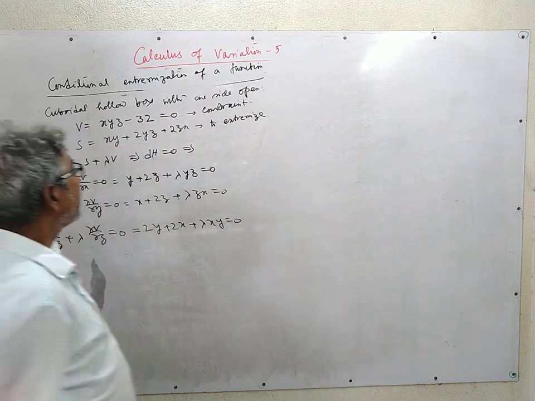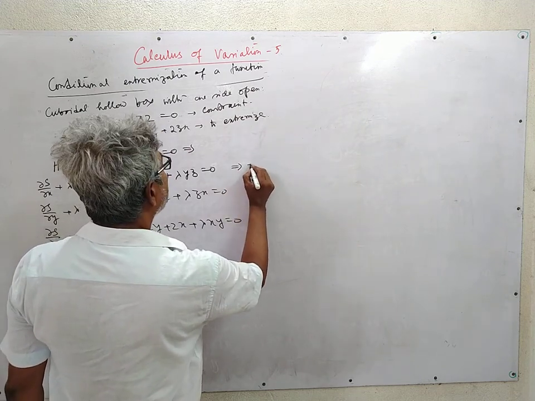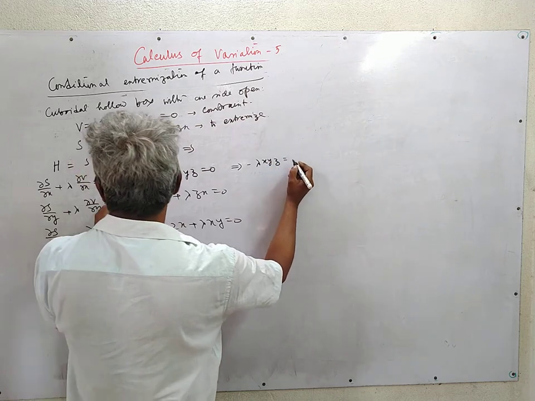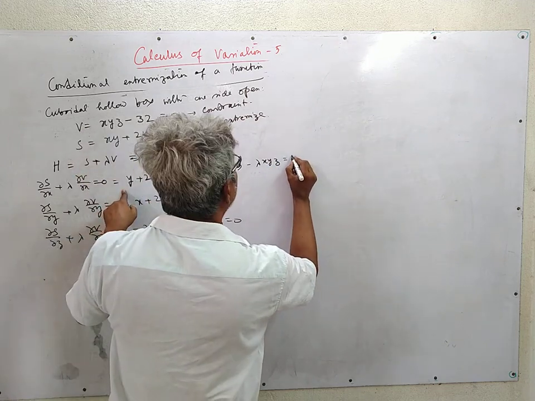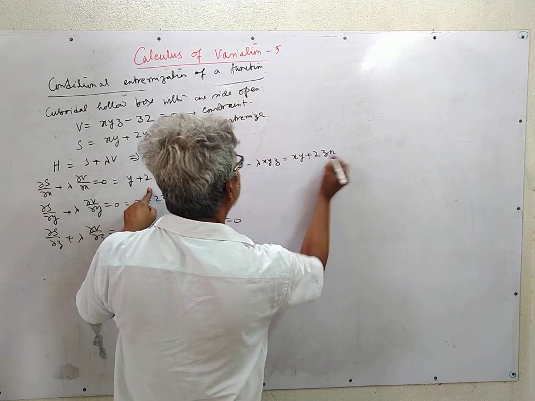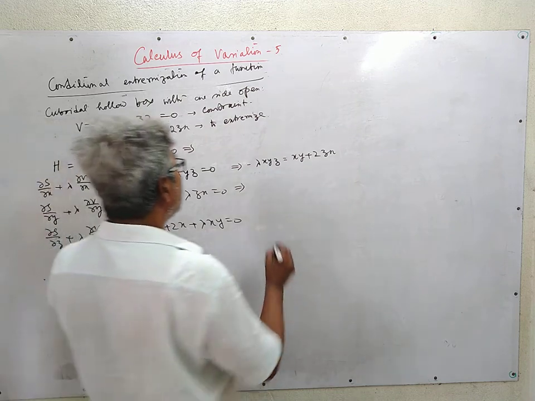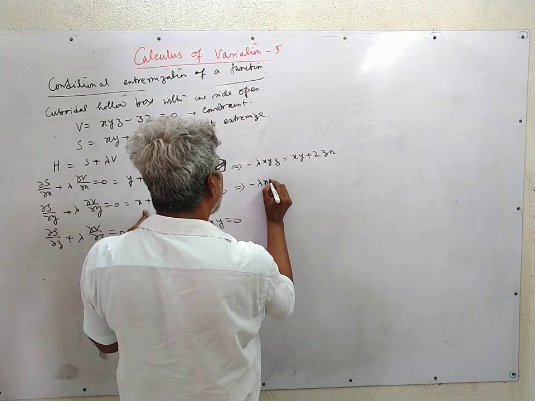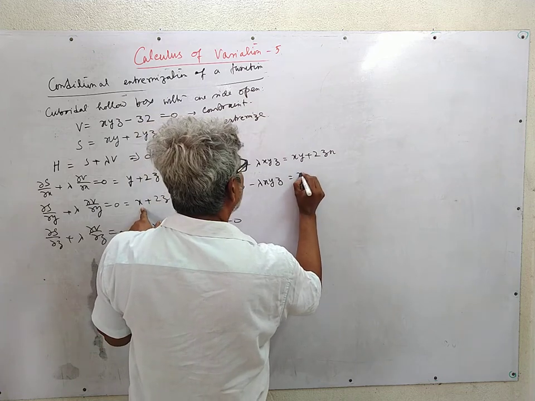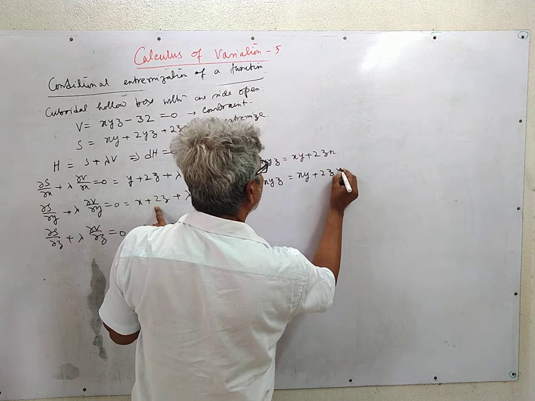If we multiply it by x, this gives you -λxyz = xy + 2zx. If we multiply this by y, we get -λxyz = xy + 2zy.